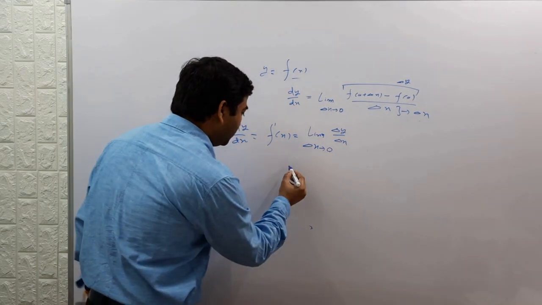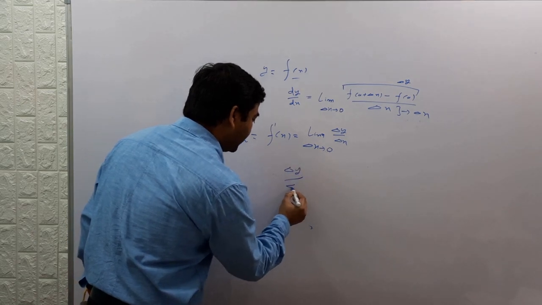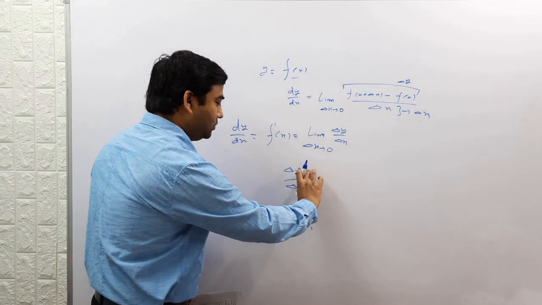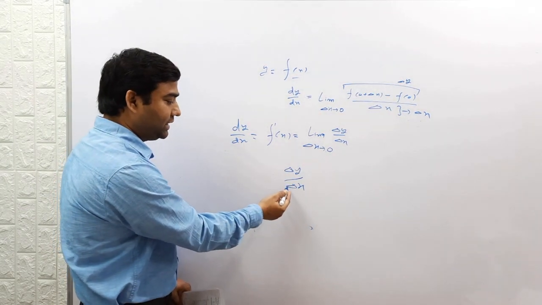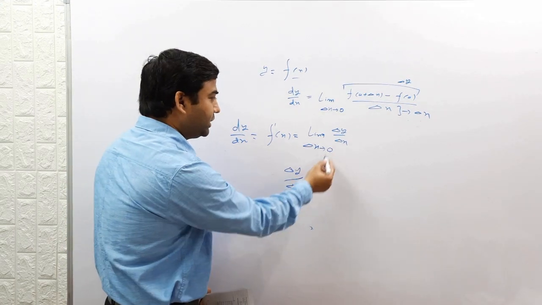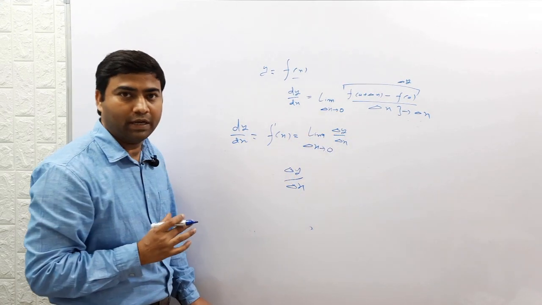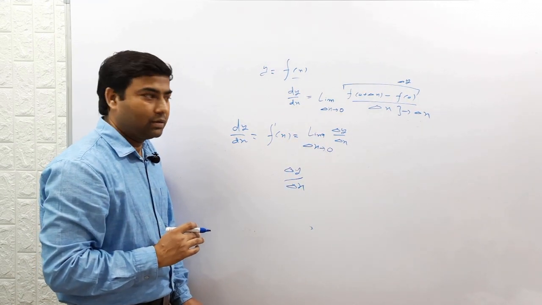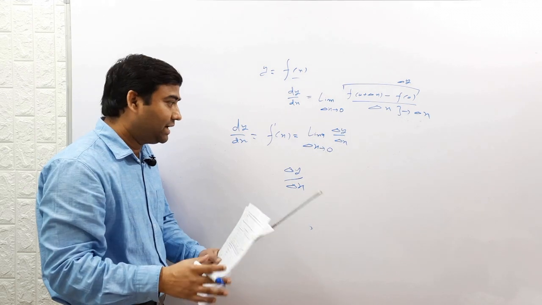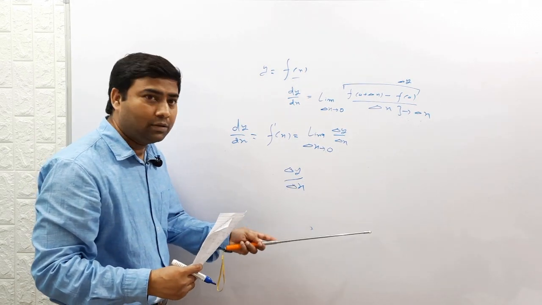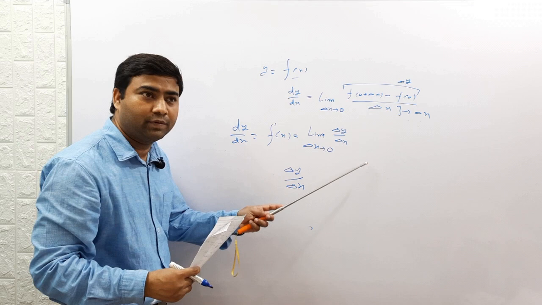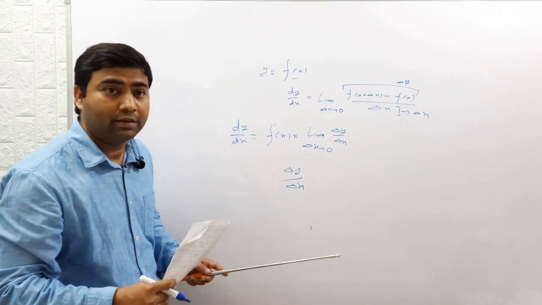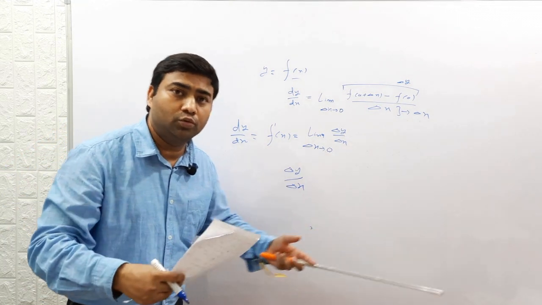So practically when you find delta y by delta x, you put some real value of delta y and real value of delta x. This will be closer and closer to the limiting value, but not exactly equal to it. As we were finding average velocities, the average velocity was coming to the instantaneous velocity when we were changing from t equal to 4 to t equal to 3, t equal to 1.5, t equal to 1. That velocity was merging to 2.